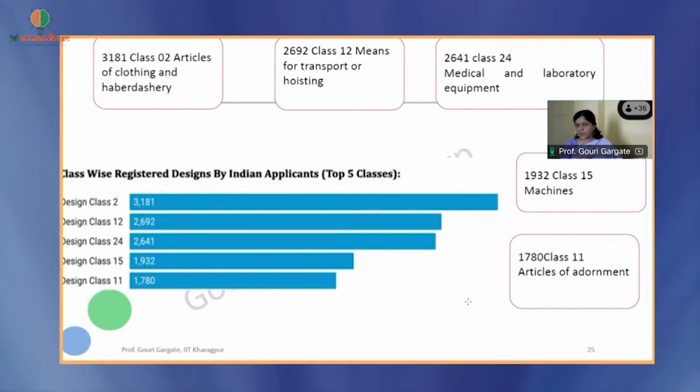If these are the classes, we can say that yes, the market is ready for such kinds of products, and we can think about developing such products for the market with industrial design registration. You can see class 2 is for clothing, class 12 is for transportation, and class 24 is medical and lab equipment. So we can have those details here.